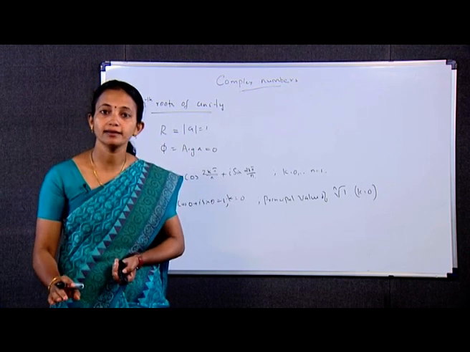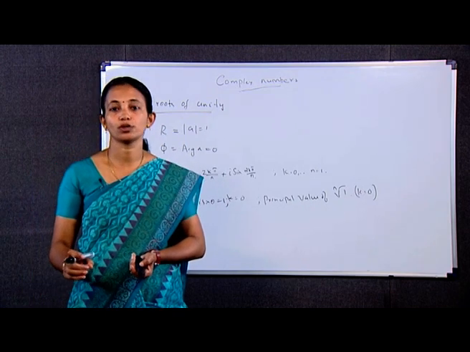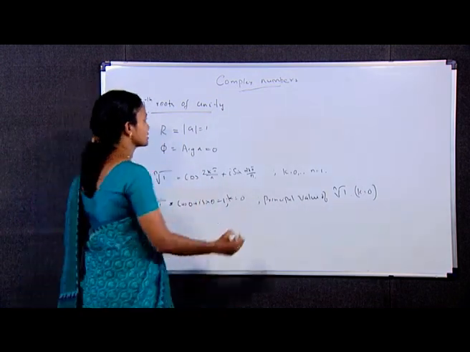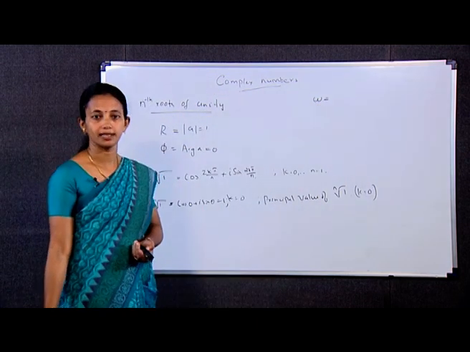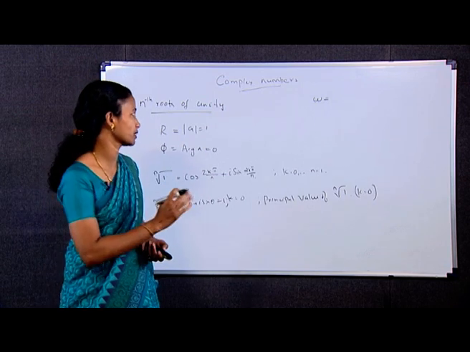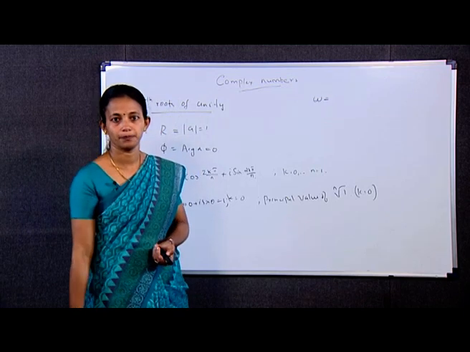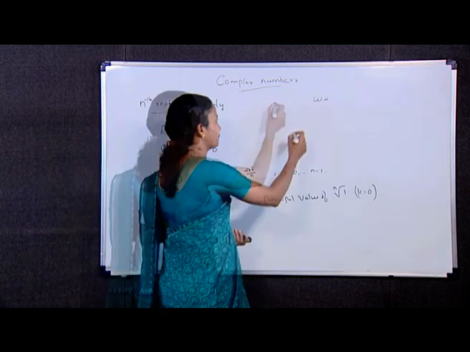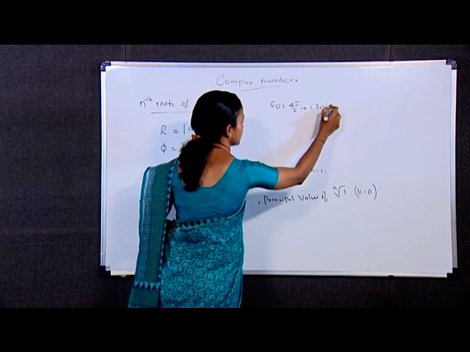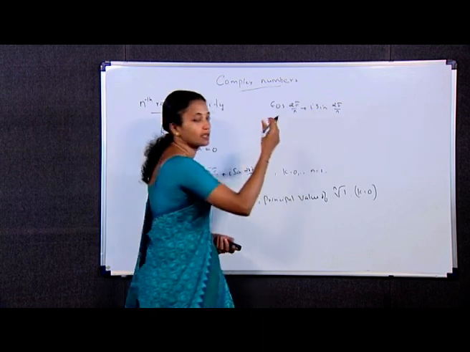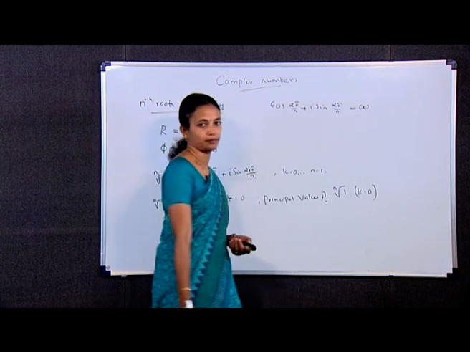The value of the nth root of unity that corresponds to k equal to 1 is usually denoted by the symbol omega. Hence, cos(2 pi by n) plus i sin(2 pi by n), when k is equal to 1, we represent as omega.